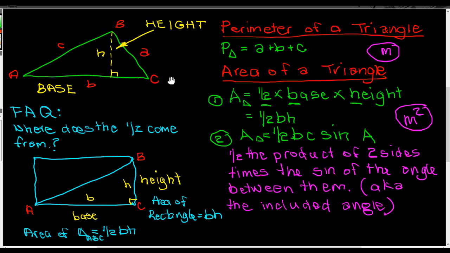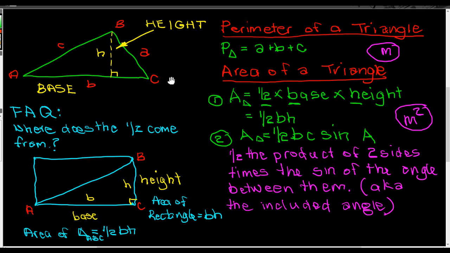Now, just quickly, and in a pretty agricultural or rough way, where does the half come from? Well, if we take the rectangle, which we've looked at previously, we know that the area of a rectangle is equal to the length times width, or base times height.